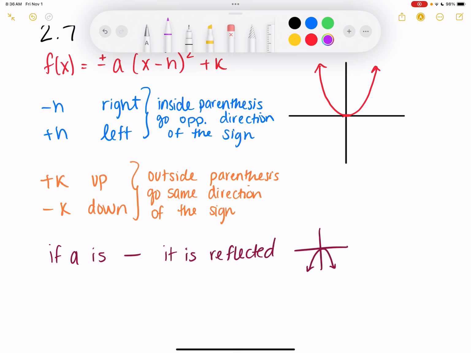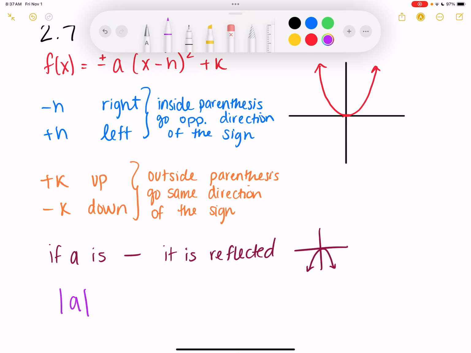then the last thing is a, which I said just a minute ago could be just 1, which would be the baseline. If it's just 1, that's like nothing is happening. It just looks like this. But if the absolute value of a, and notice I do that because a lot of people get confused and start thinking about the negative sign, we're looking at the positive number value.